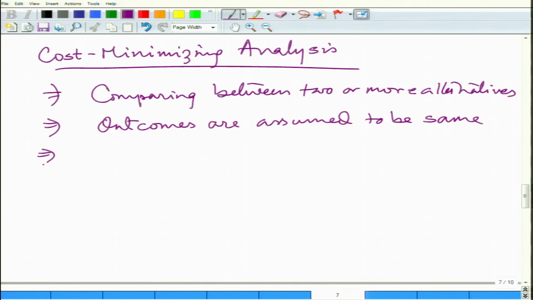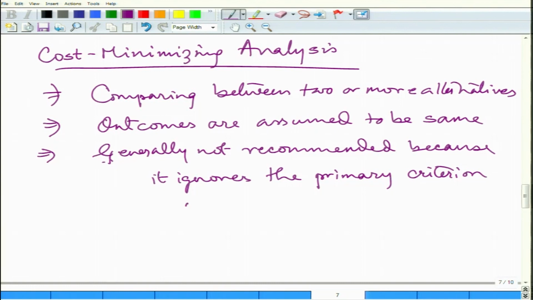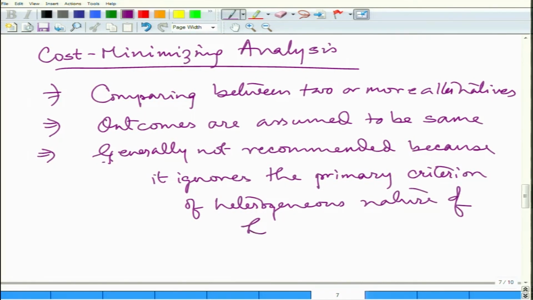Third is generally not recommended, because it ignores the primary criteria of heterogeneous nature of the healthcare market.